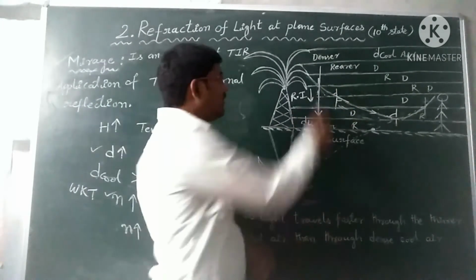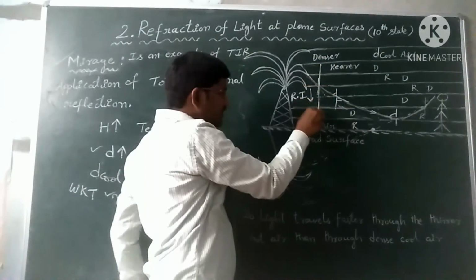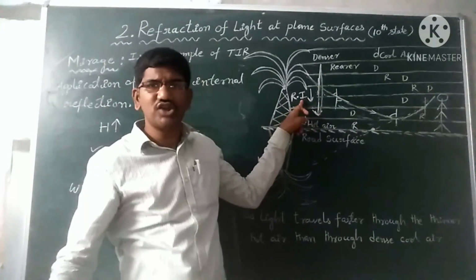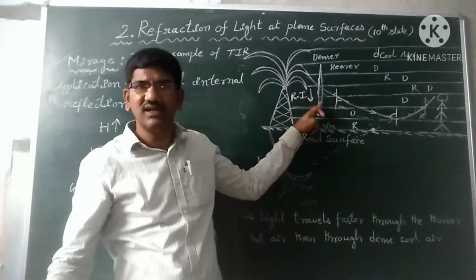Means from the top to the ground, as the height decreases, refractive index decreases. It is mentioned very clearly as shown like this in the textbook.